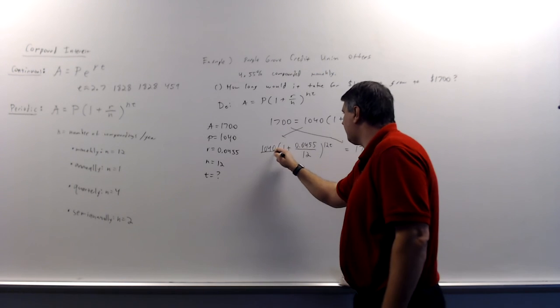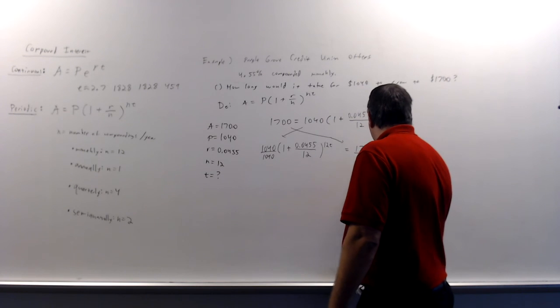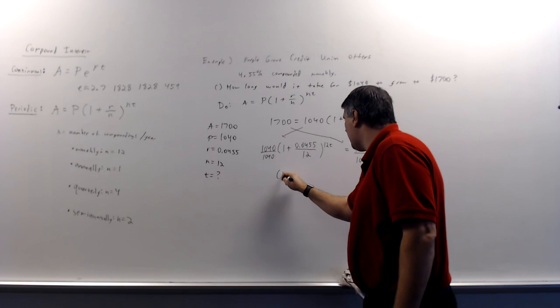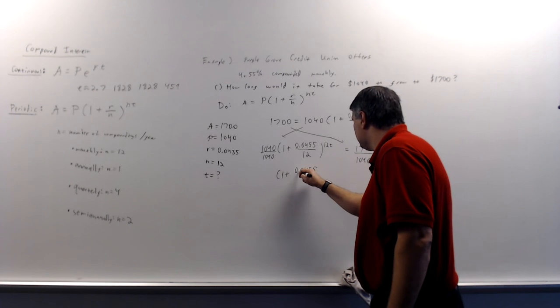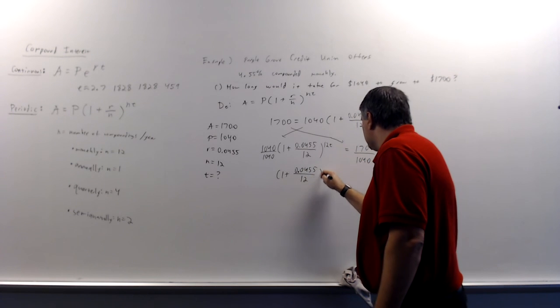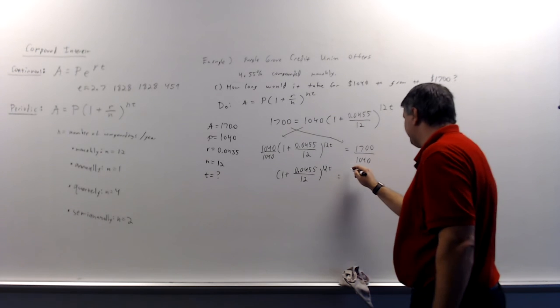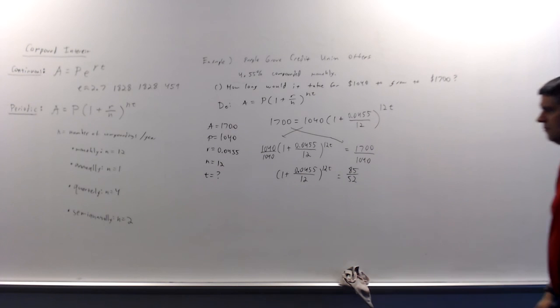I will go ahead and divide off this 1040, and I'll reduce, although you don't really need to reduce. Okay? So 1 plus 0.0455 over 12 to the 12t power. I'll reduce this to 85/52. Okay.